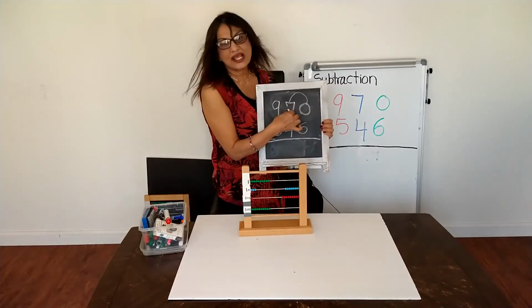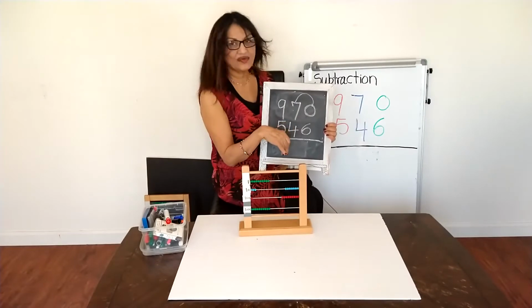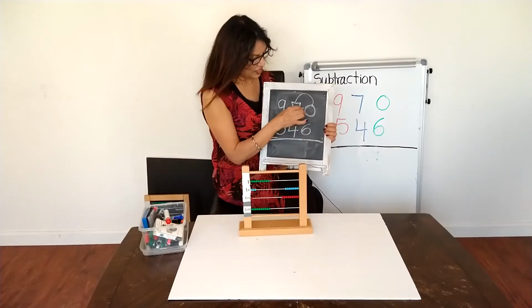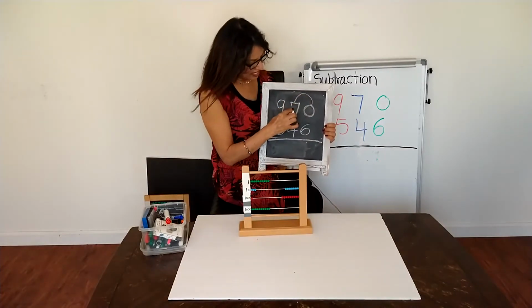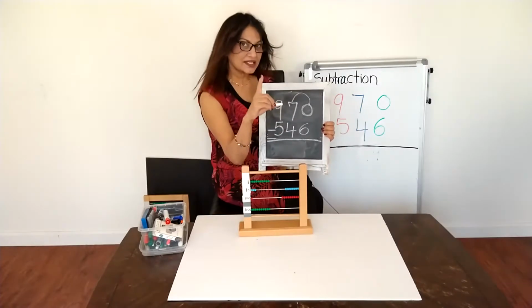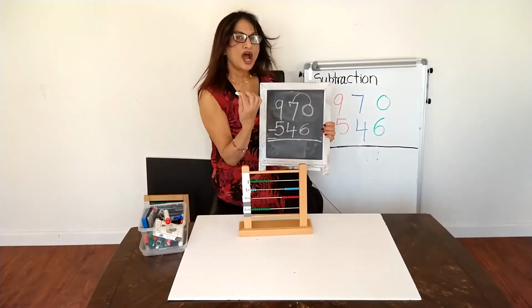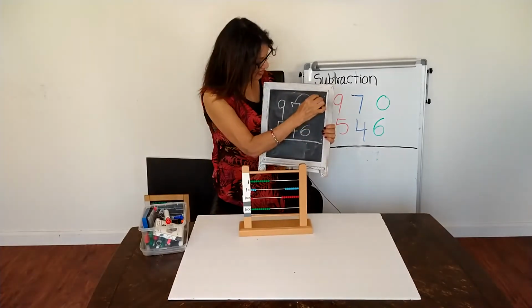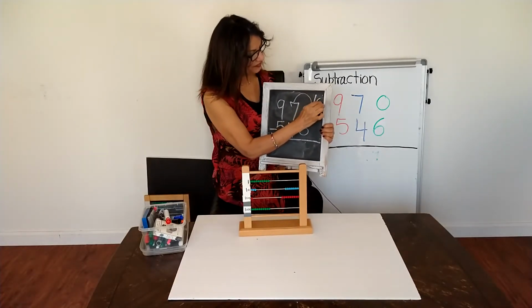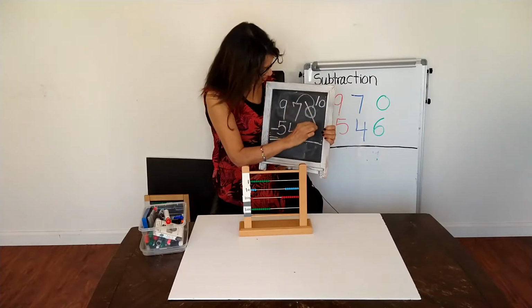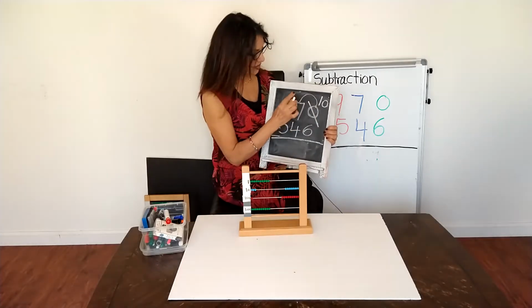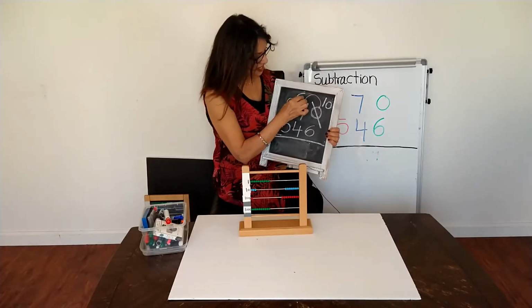Then the 7 tens says, don't worry, I will give you 1 ten. So 7 tens gave 1 ten to 0. Then 0 becomes 10 units. So I'm going to cross it out. Then the 7 tens became 6 tens.